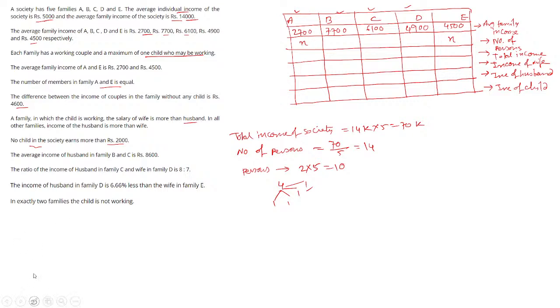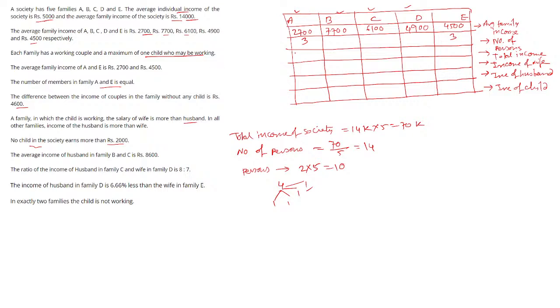So the number of persons in A is 3 and in E is 3, and out of B, C and D, only one family does not have any children. That is the next concern, and we will work it out further.